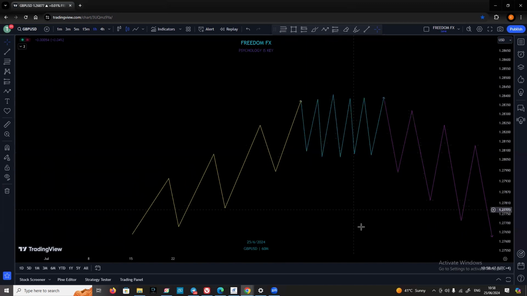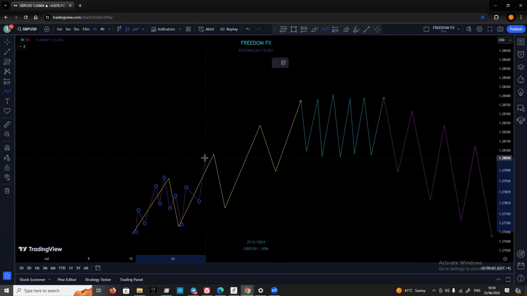If you go down to the 1 hour time frame, this is relatively what we will be seeing within the 1 hour time frame. You will be seeing something like this within the 4 hour time frame trend.